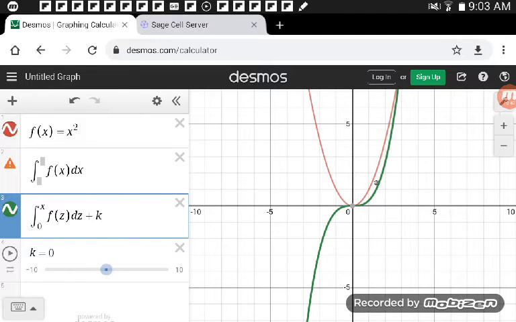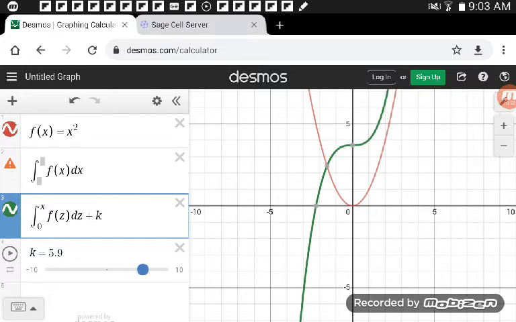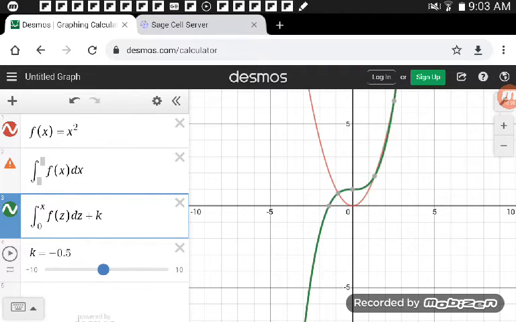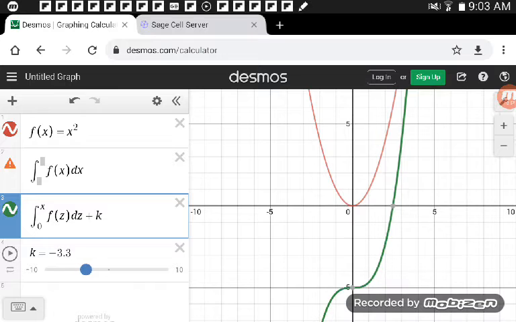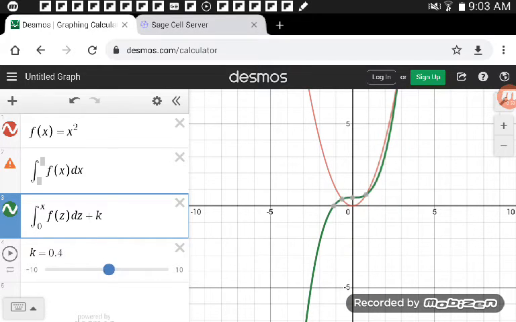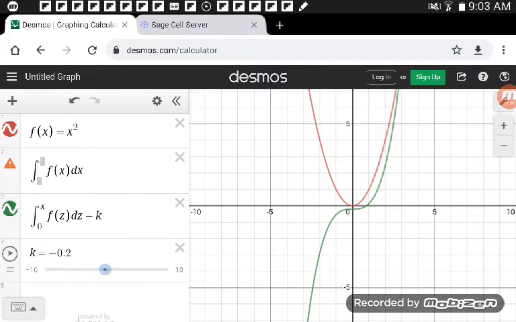And see there, it looks a lot like x cubed, so it's probably 1/3 x cubed. We can type that in to see. But then there's my arbitrary constant, which if I grab hold of it and move it around, notice all those functions that just move up and down the y-axis have an antiderivative of 1/3 x cubed.